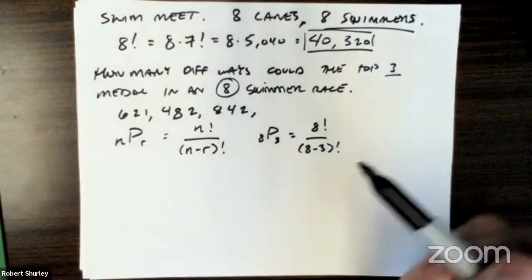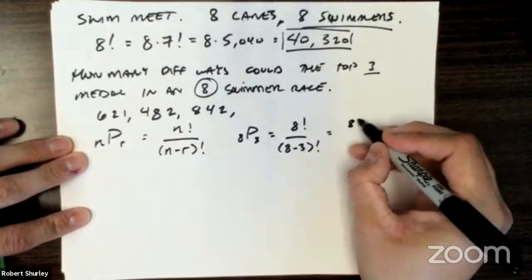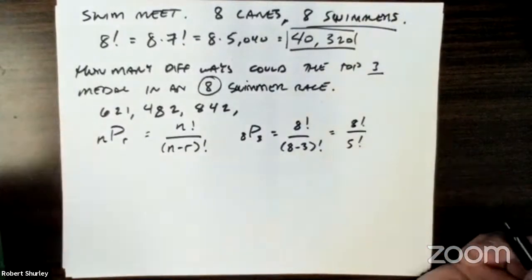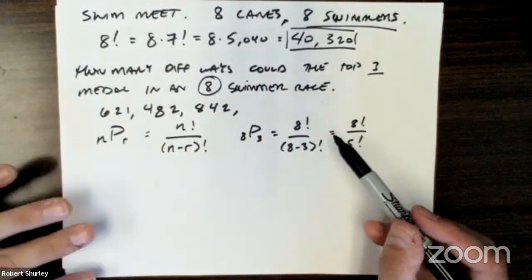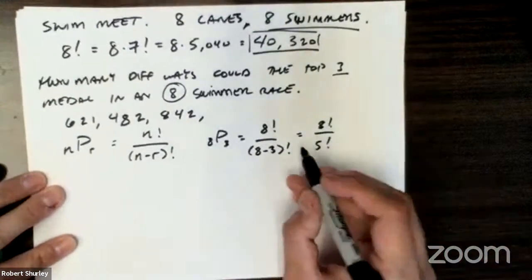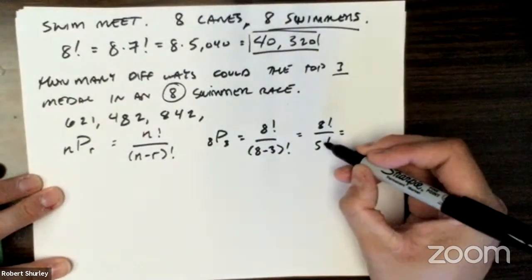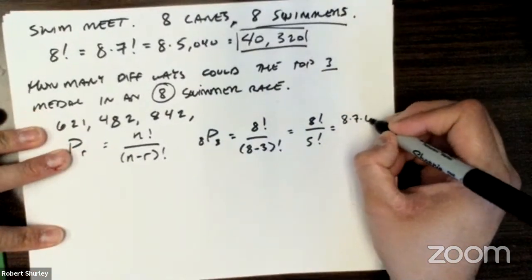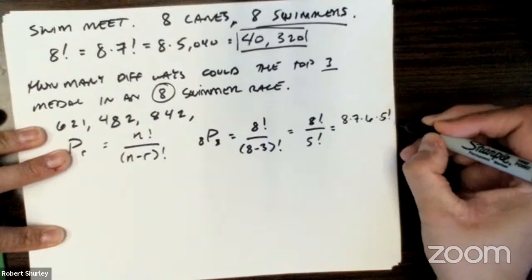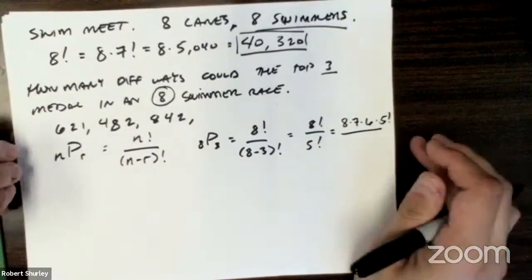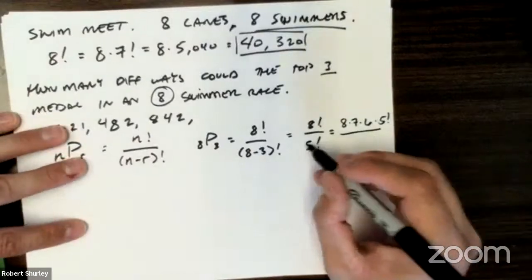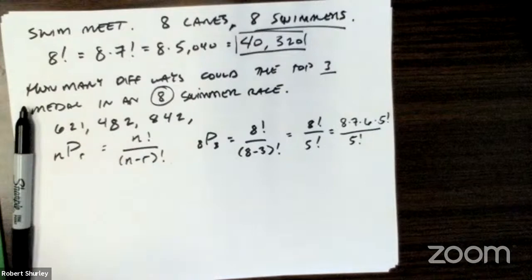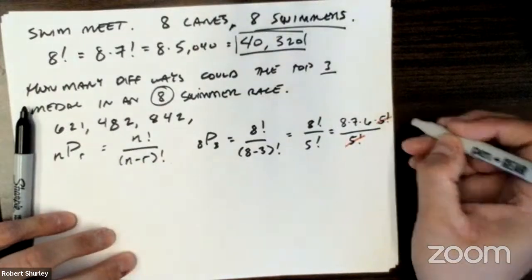So let's simplify it down. This would be 8 factorial over 8 minus 3, which is 5 factorial. What's easy is you just multiply down until you get to the bottom factorial. So this would be 8 times 7 times 6 times 5 factorial, because 5 factorial is 5 times 4 times 3 times 2 times 1. We've got 5 factorial on the bottom, so these cancel out.